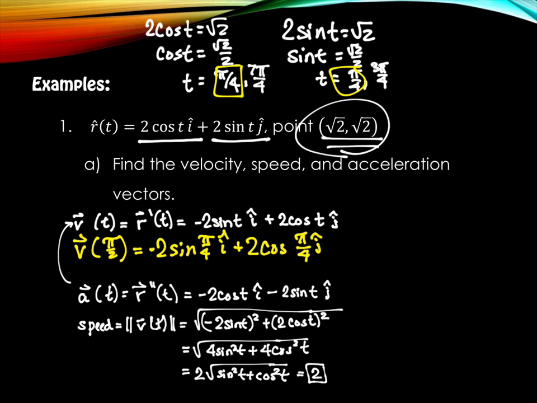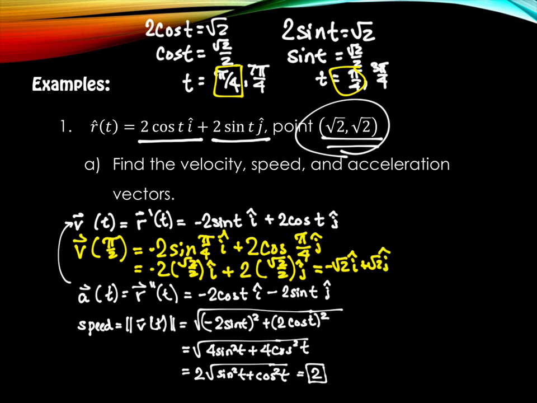All right, what's the sine of pi over 4? Square root 2 over 2, right? So this is negative 2 times square root 2 over 2, and then I've got 2 times another square root 2 over 2 here, yeah? What does this give me? So negative square root 2 i, and then positive square root 2 j.